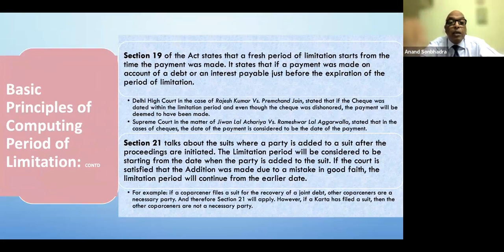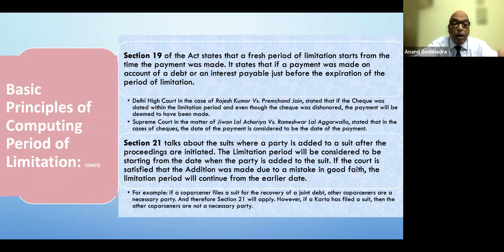Now, to support this, the Delhi High Court in the case of Rajesh Kumar versus Premchand Jain stated that if a check was dated within the limitation period, even though the check was dishonored later, the payment will be deemed to have been made because the check was issued or dated within the limitation period.